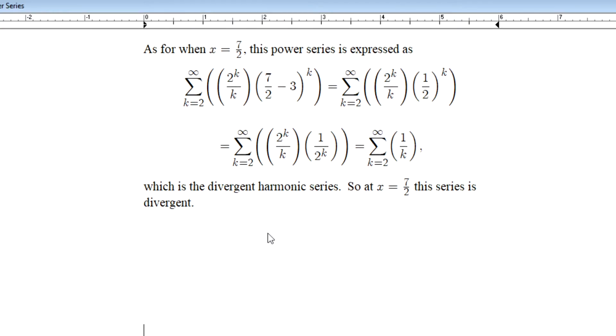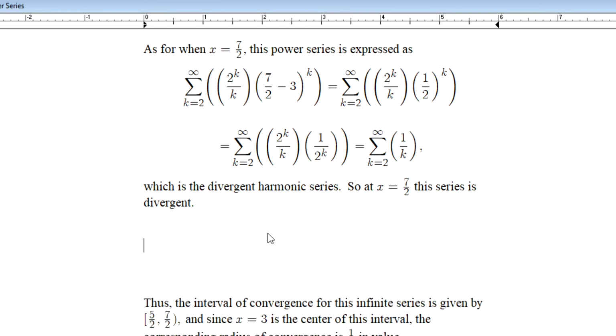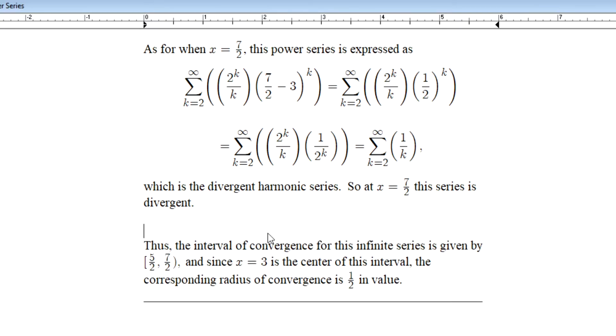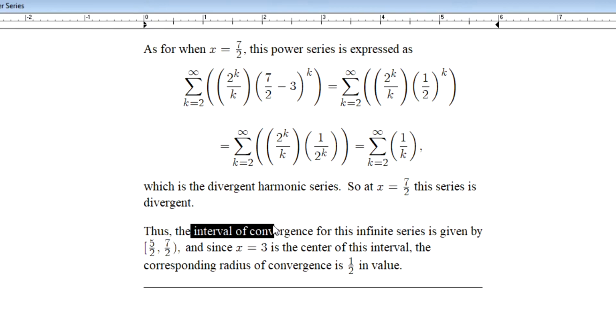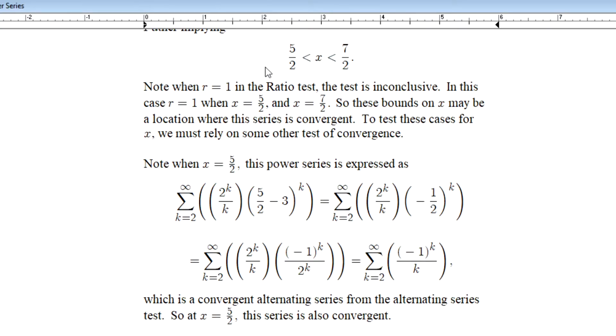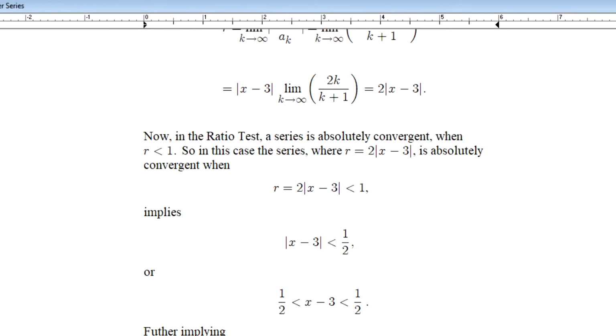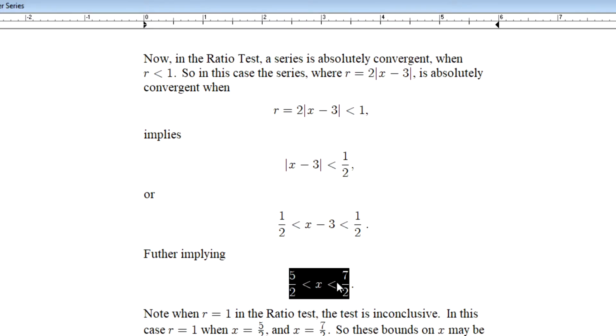So if we put that all together to denote our interval of convergence, the interval of convergence is going to be this interval here, from 5 halves to 7 halves, including the 5 halves, but excluding the 7 halves in value. Keep in mind where that series began was back here in the ratio test, where we knew this as the cases for x that caused r to be less than 1.